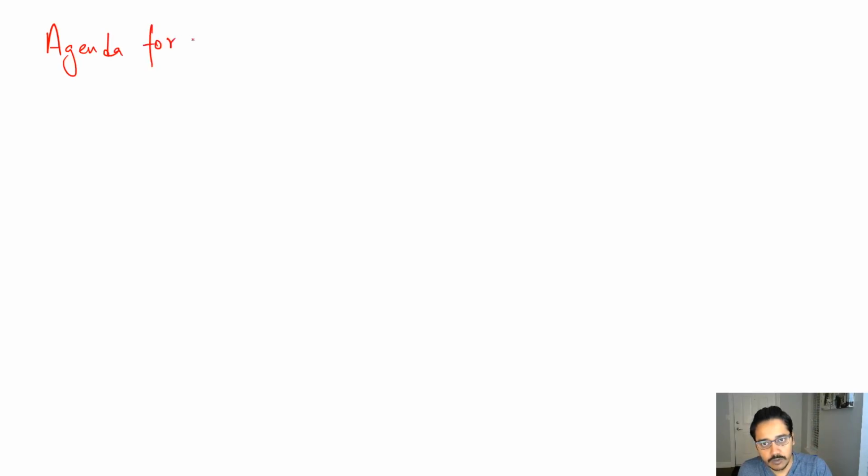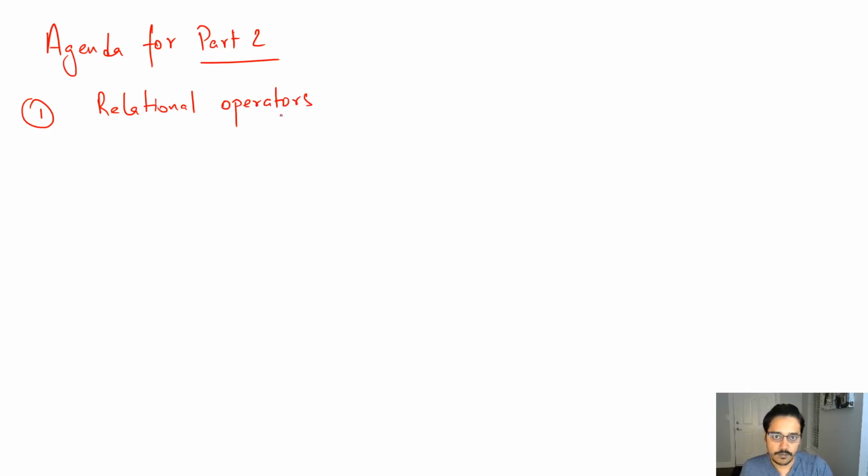So the agenda for part 2 of this particular chapter on the relational data model is that we are going to be talking about the different relational operators that we have within the relational model, mostly the theory of it, such that it will act as a foundation when we move towards SQL later on, three or four chapters later, or about a month later.